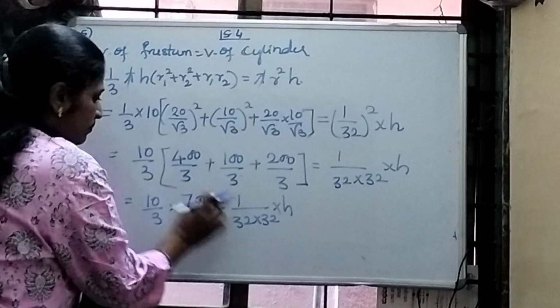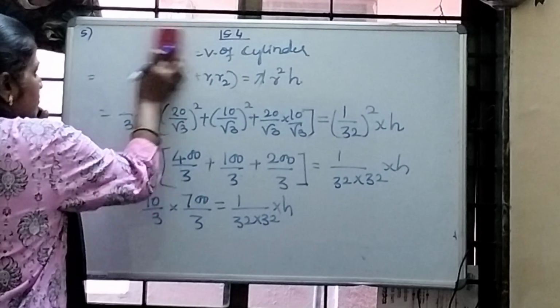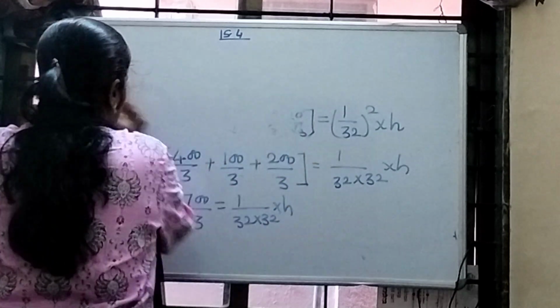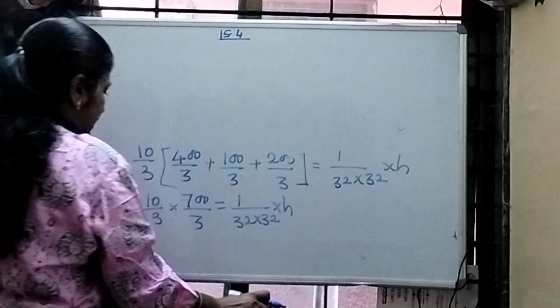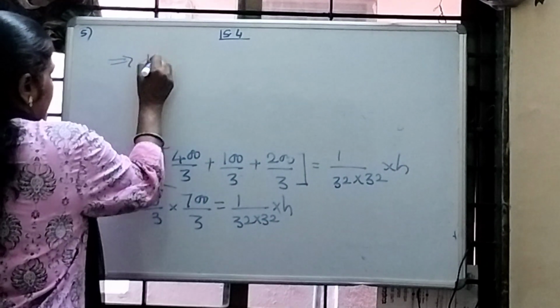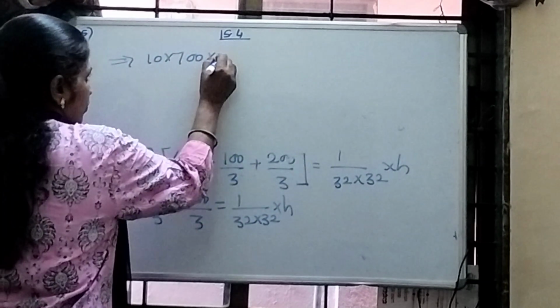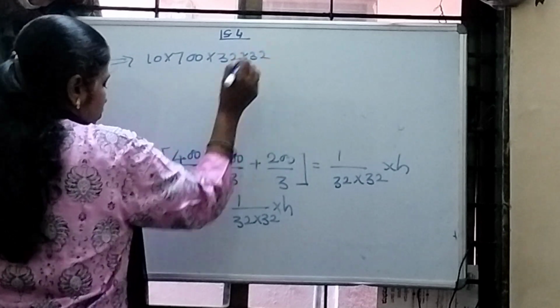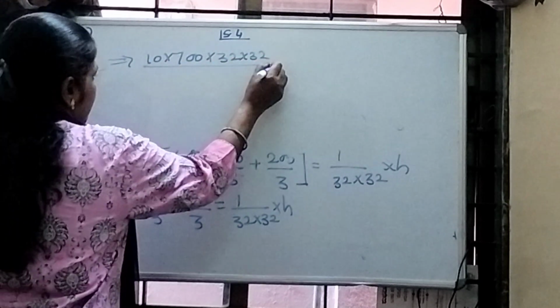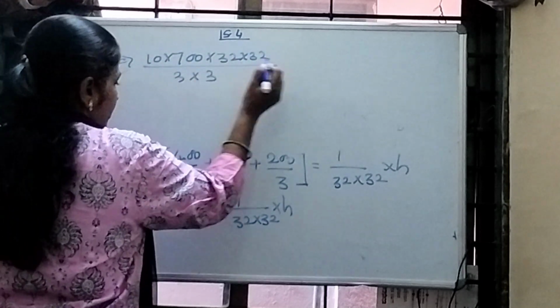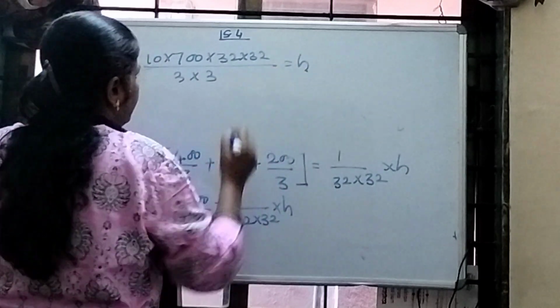Now we have to cross multiply. After cross multiplying, what do we get? We'll write 10 into 700 into 32 into 32 divided by 3 into 3 is equal to h.